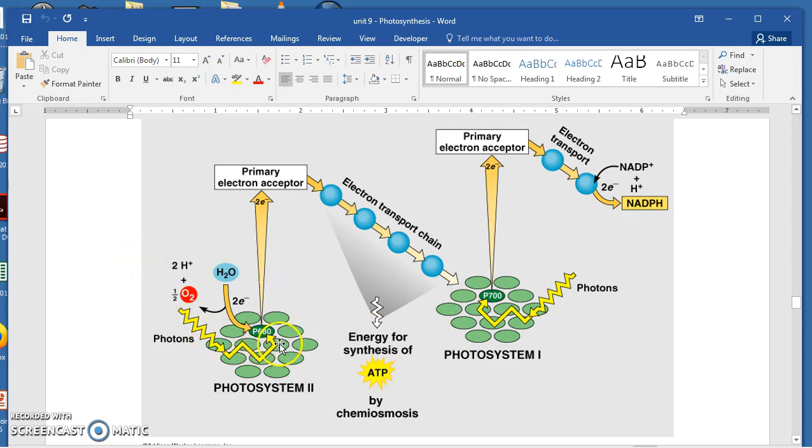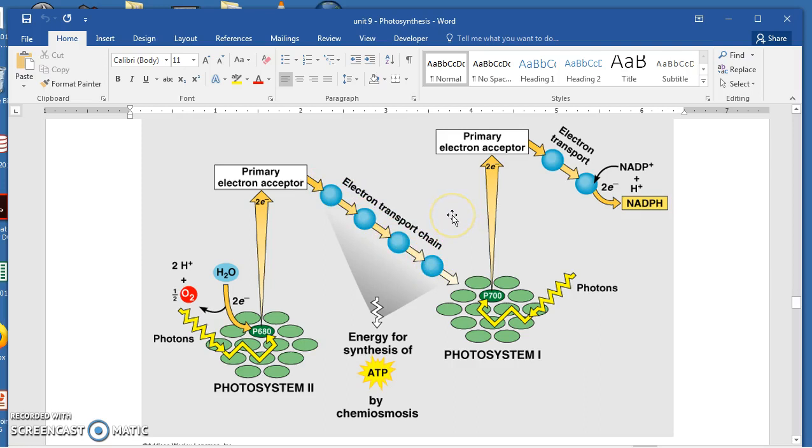Light energy hits chlorophyll, and it happens to be chlorophyll 680. That helps to describe the wavelength of light that is absorbed. Electrons are excited, water is broken down, oxygen is released, and those electrons are excited to a higher energy level, and then they go through the thylakoid membrane, and that's where an electron transport chain is.